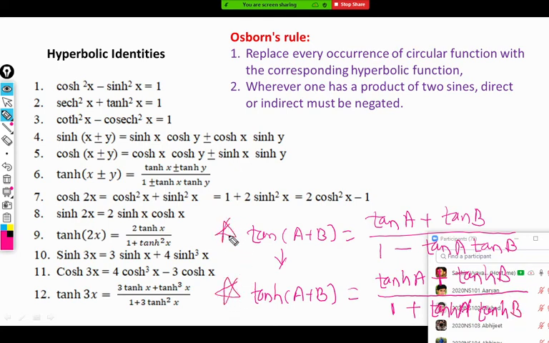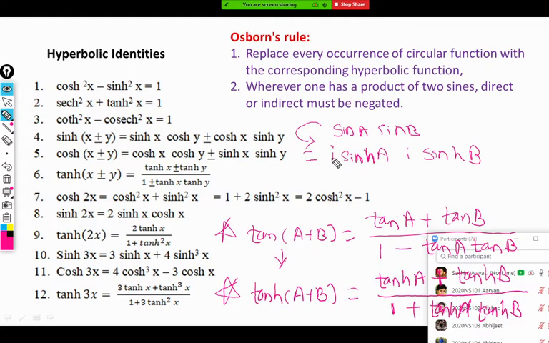I hope you got this. Actually, there is a simple logic. Suppose we have sine a into sine b, and we have to convert this to hyperbolic. We already know sine a is I times sine hyperbolic a, and sine b is I times sine hyperbolic b.